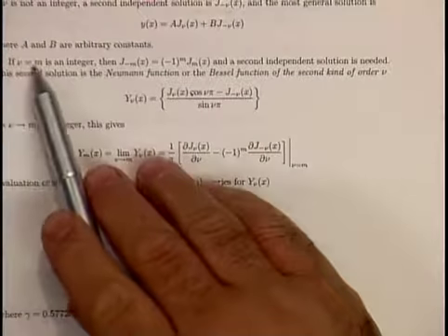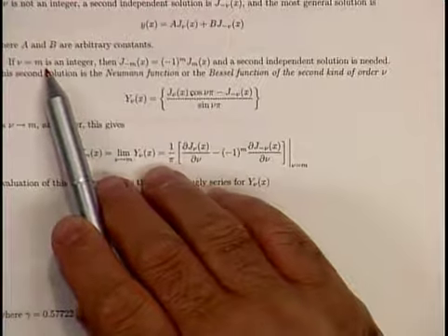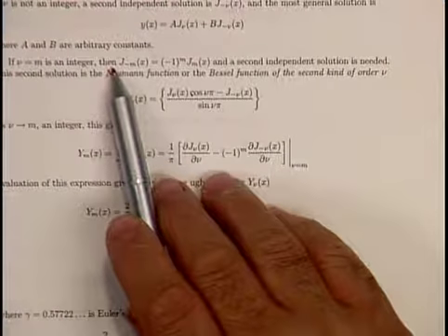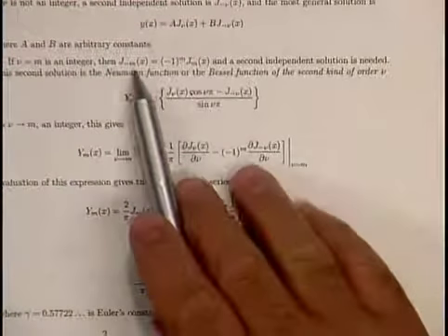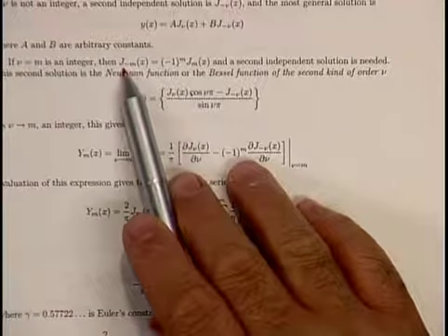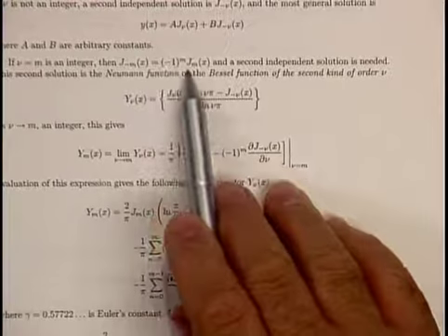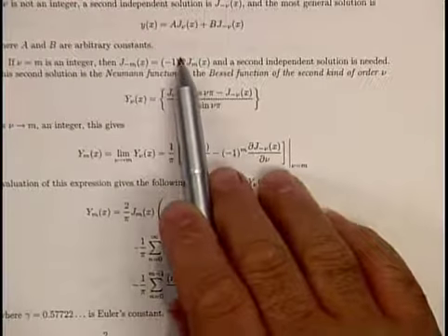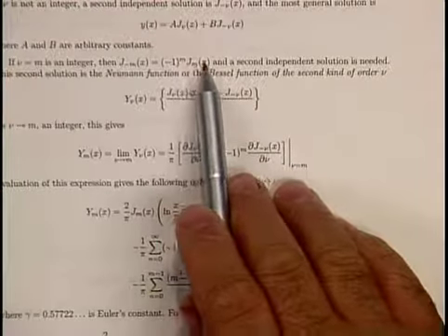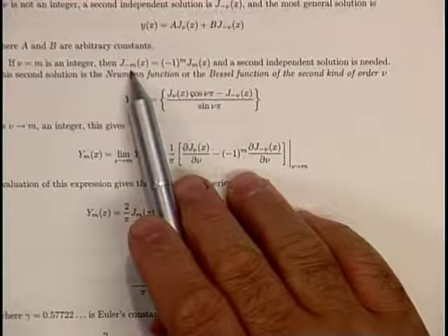So if nu is equal to m, an integer, in this case the Bessel function J minus m of x is given by this formula here, minus 1 to the power of m J m of x, if you replace nu with m and minus m.